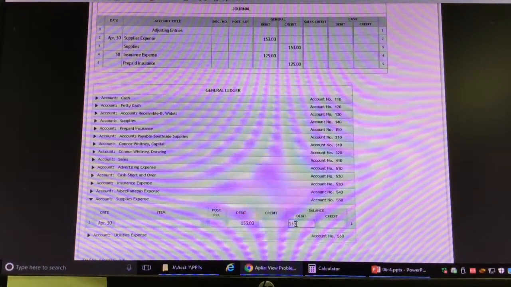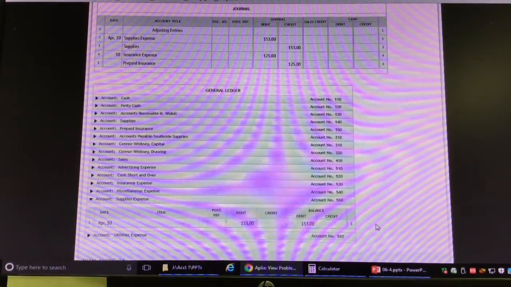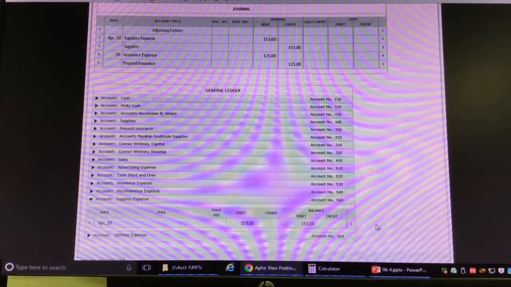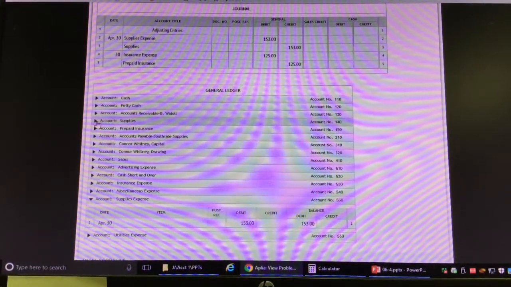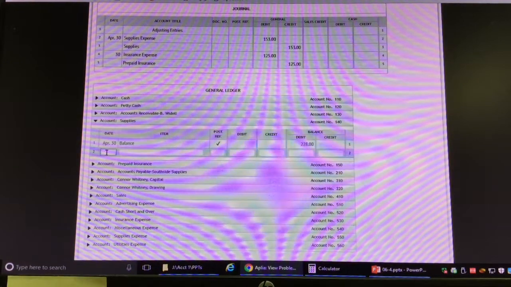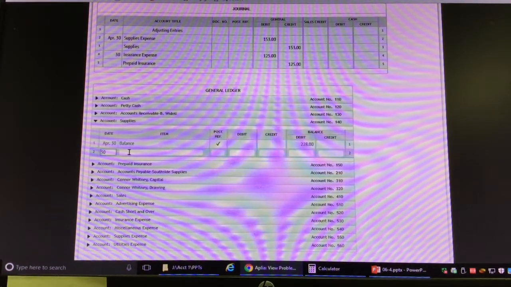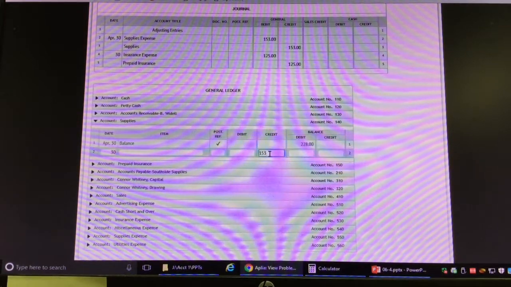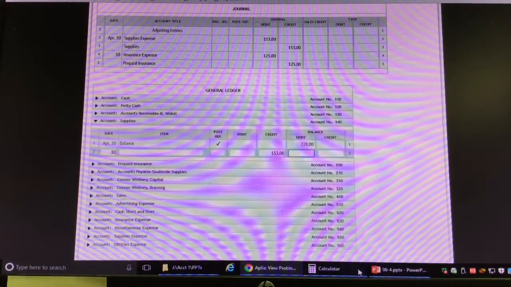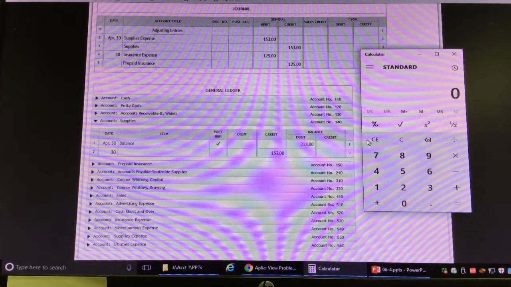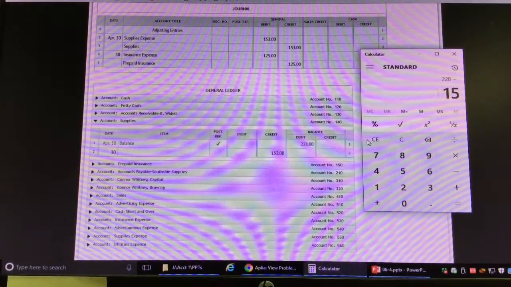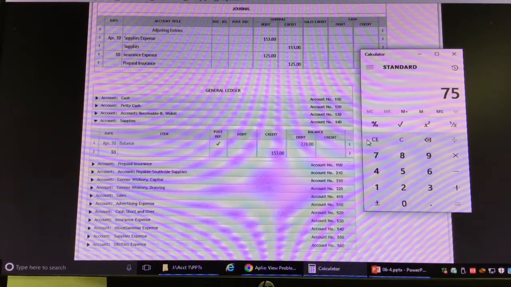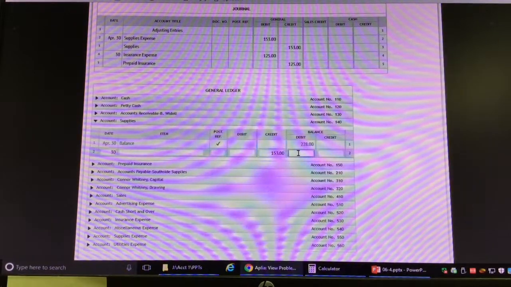Expenses carry their balance on the debit side. Now I'm going to go to supplies, and same thing on the 30th. I'm actually reducing this one, so notice that supplies carries its balance on the debit, but I'm posting a credit of 153. What that's going to do to this balance is reduce it. So I'm going to subtract 153 from 228 for my balance of 75, and that's posted on the debit.